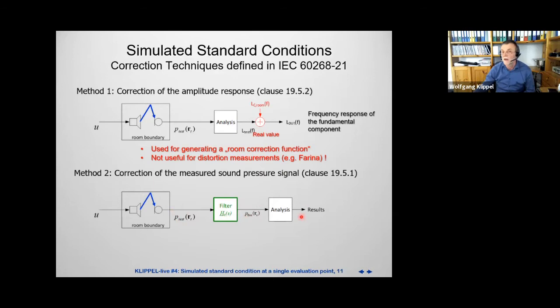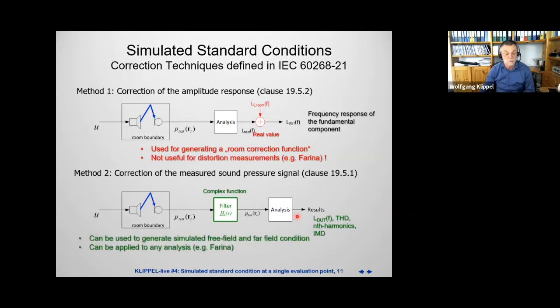And then we can apply any analysis from different measurement modules to get standard results. So that's quite interesting. You can apply it for nonlinear distortion measurement, and we are generating free field and far field condition artificially. Yeah, and it can be applied to Farina.